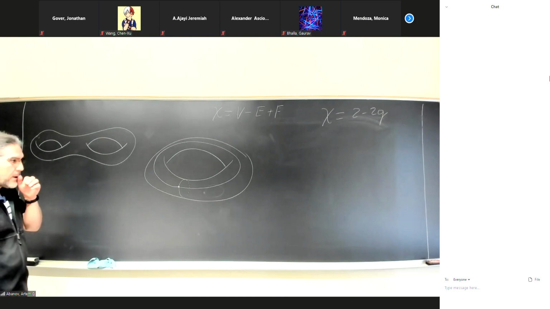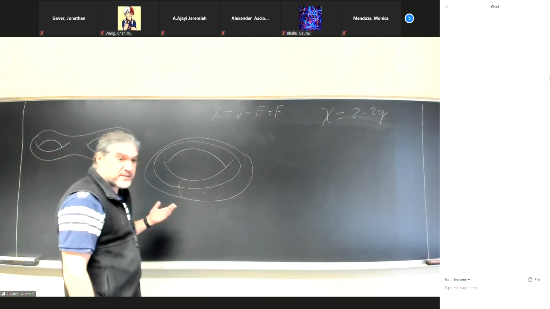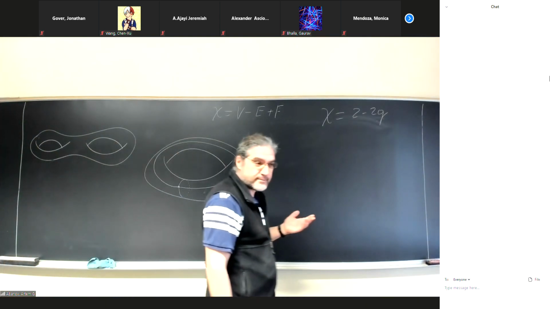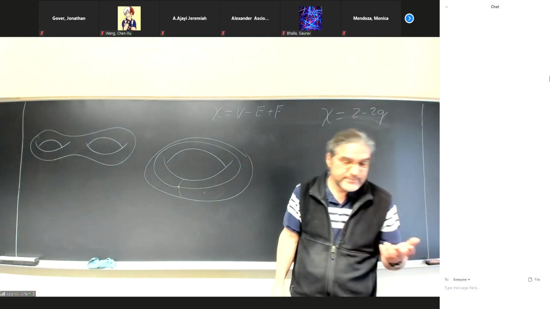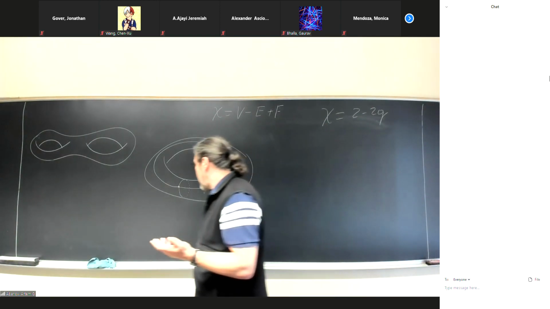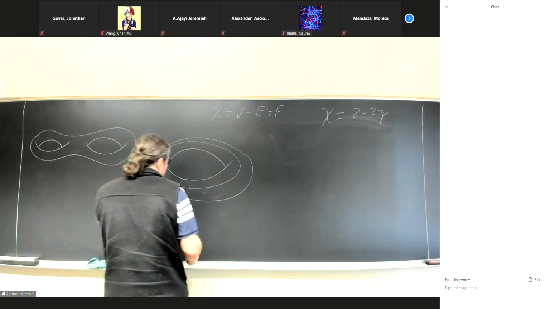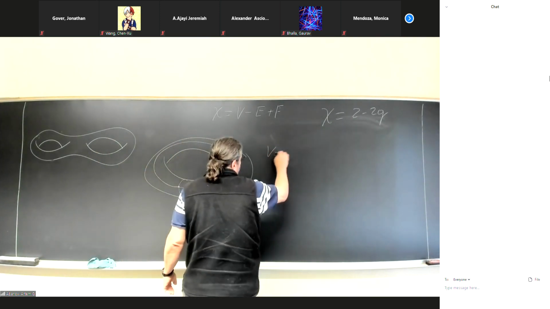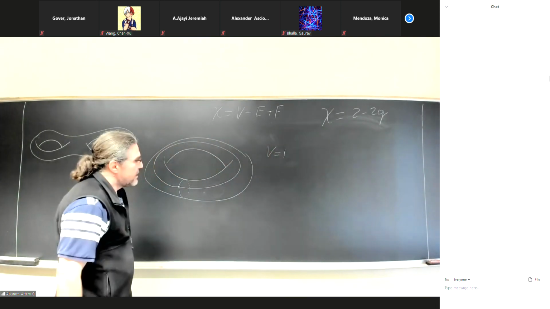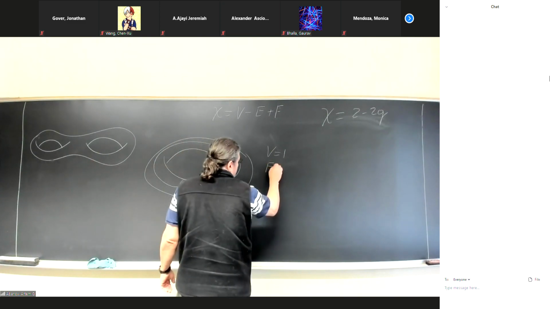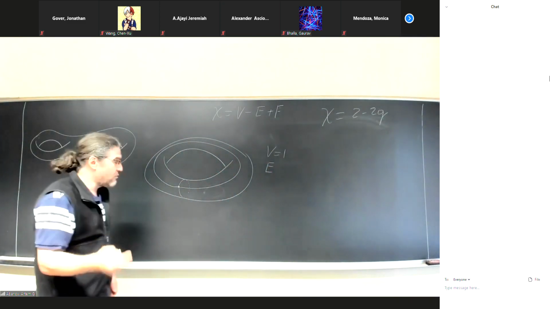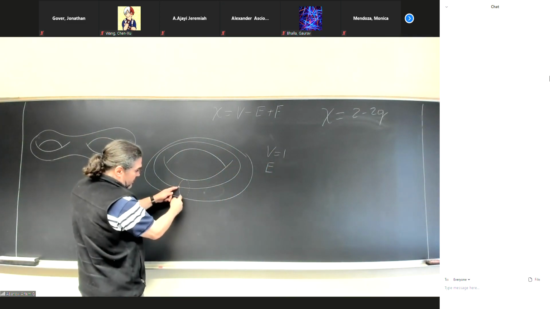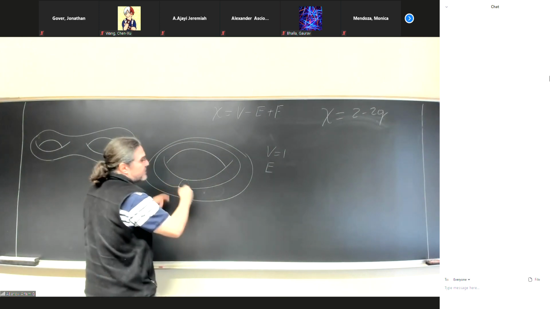Okay? That make sense? Yes. So let's now count. I have vertices equals 1, right? Number of edges. Remember, an edge goes from vertex to vertex. So this is one edge, and this is another edge. So it equals 2.